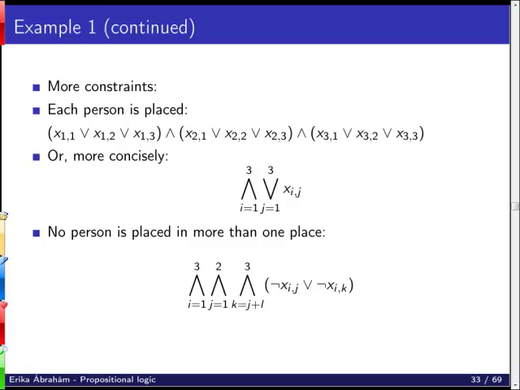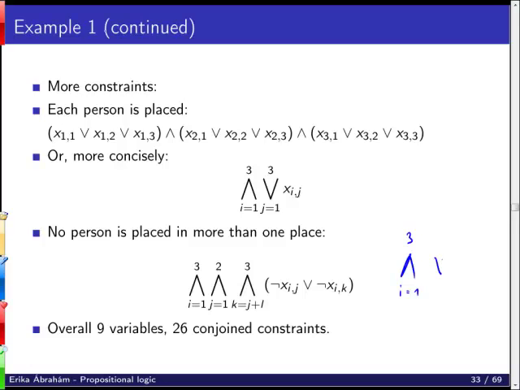For each person and for each seat, you have that x1, wait, for each seat and each person.